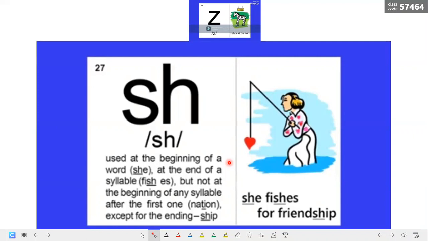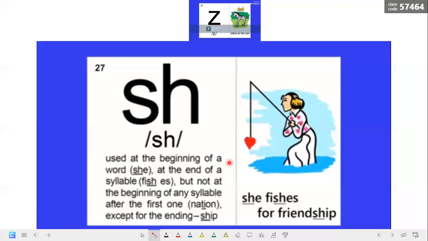Here is something you need to know: we don't start syllables with "sh." "Sh" could be at the beginning of words or at the end of syllables, but not at the beginning of syllables, except for the words that end with the suffix "ship."